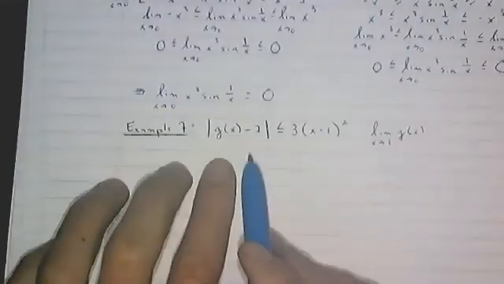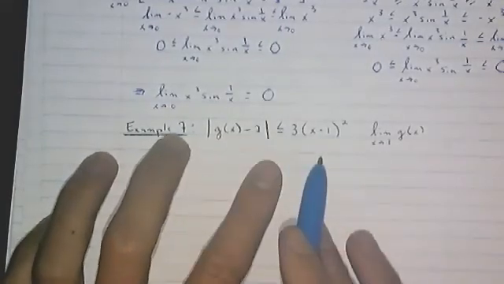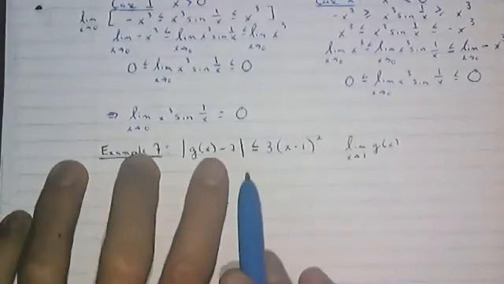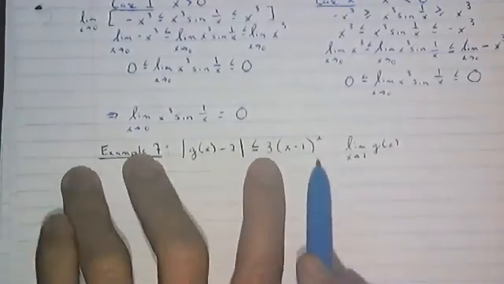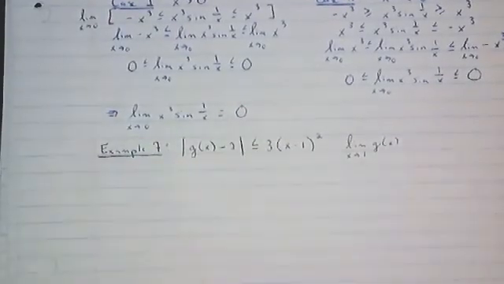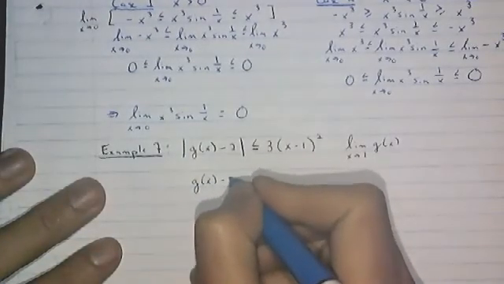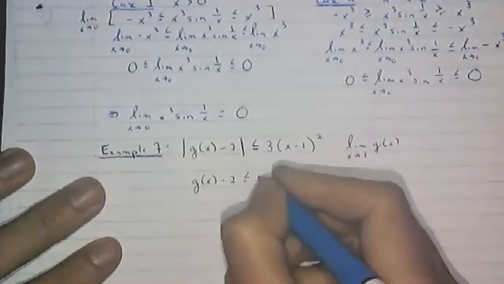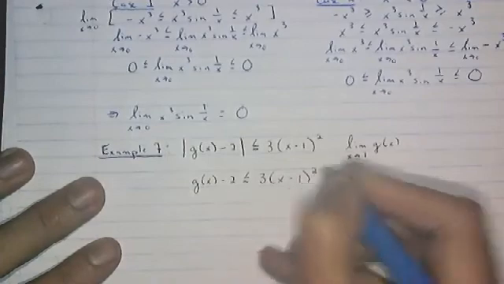And so what I'm about to do here is just to apply that. I know it looks scarier because there's g's and squares and whatever, but we're about to just do this. If this thing, g of x minus 2, has an absolute value less than this thing, what that means is that g of x minus 2 is, yes, for sure, less than 3 times (x minus 1) squared.